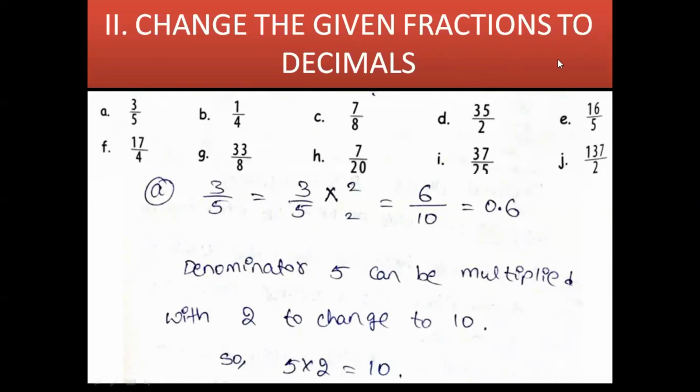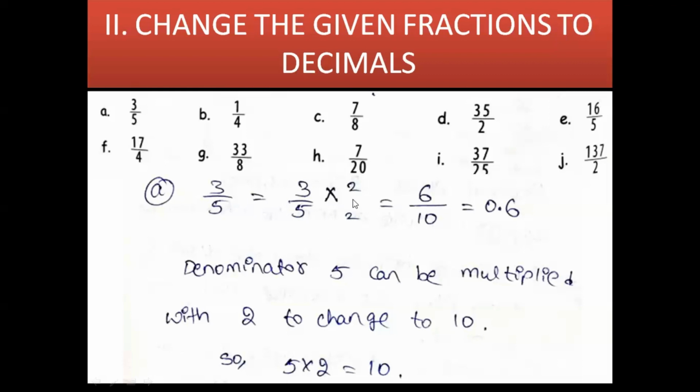Change the given fractions to decimals. For example, 3 by 5. 5 is in the denominator place. To change the given fraction to decimals, we should have either 10, 100, 1000 in the denominator place. So, 5 can be multiplied with 2 to change to 10.